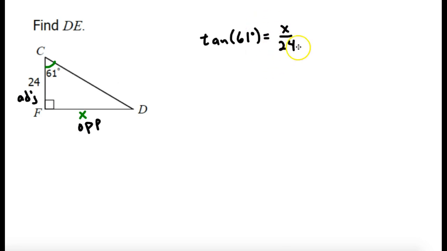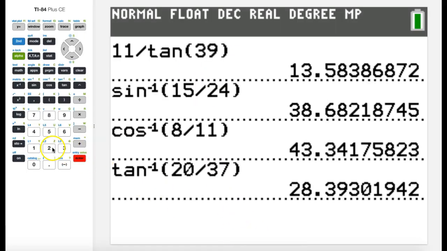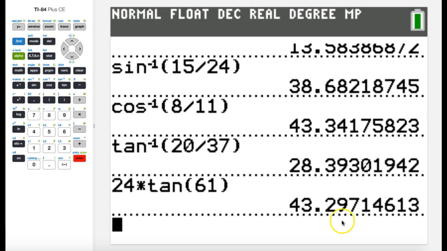Okay, so this is like last week's problem. So to get x by itself, I'm just going to multiply both sides by 24. And we can put that into the calculator. 24 times the tangent of 61 gets me 43.3 if I round to the nearest tenth.